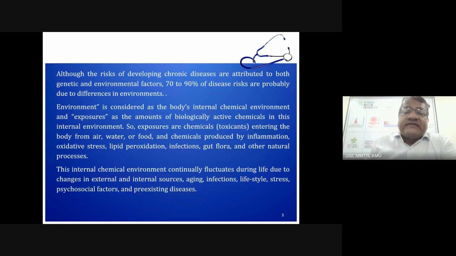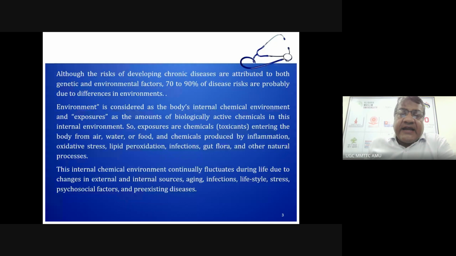So environment is considered as the body's internal chemical environment. The body also has a chemical environment, and added on is exposure, the amount of biologically active chemicals in the internal environment. We have an internal body environment, and also the effect of added outside chemicals.